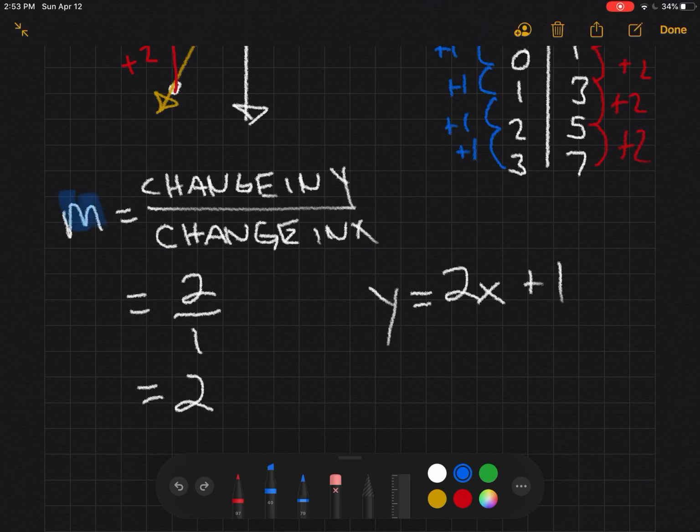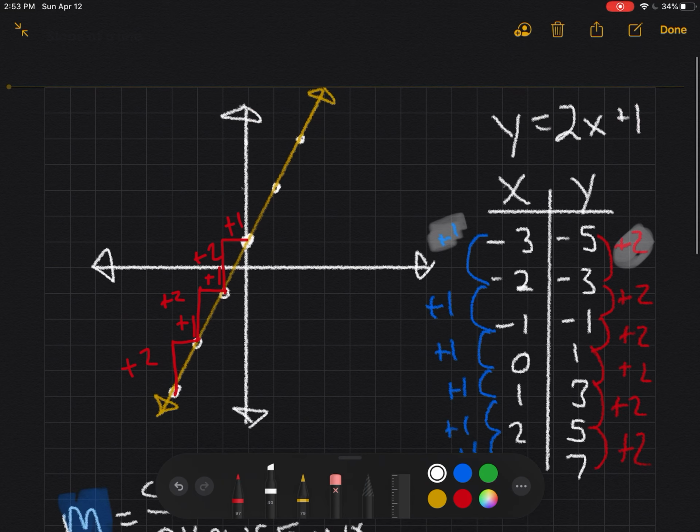So this was our line, y equals 2x plus 1. And notice that our slope is right here. That's this formula for a line, is mx plus b. And the m here stands for slope, so that's why. The b part is actually something from another video we've talked about.